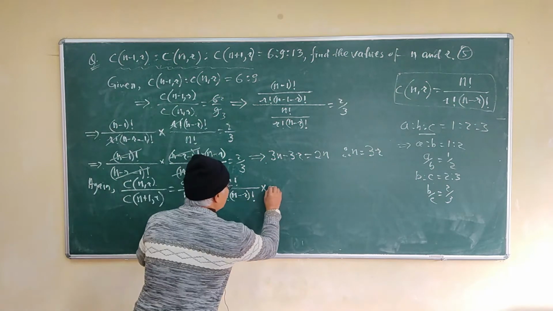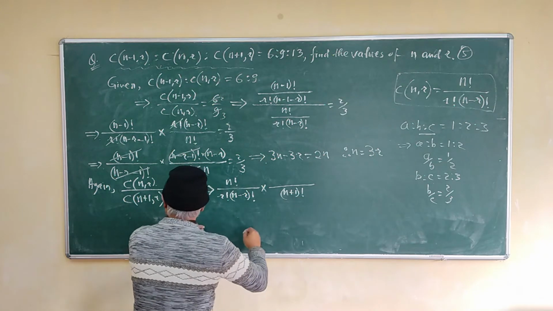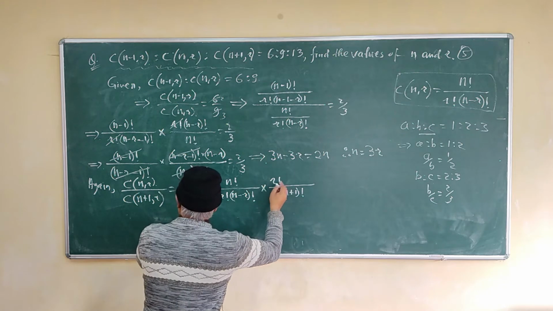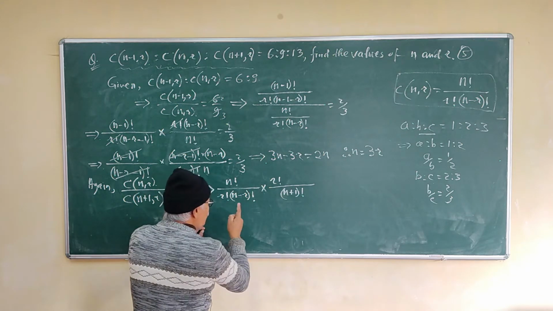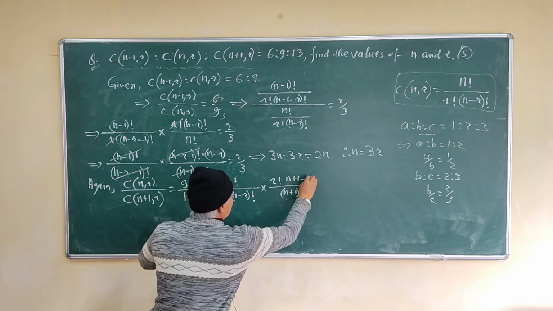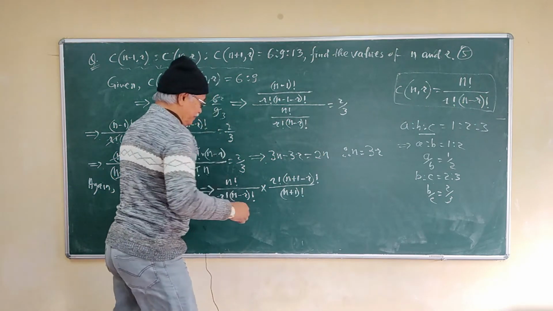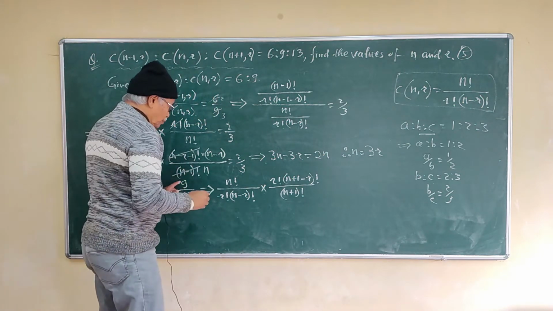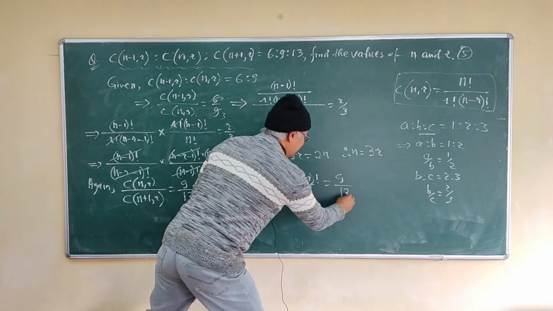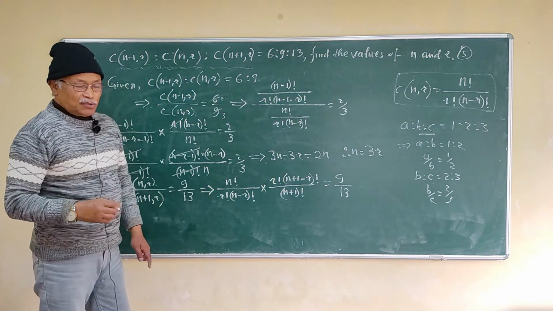So it will be n plus 1 factorial, then r factorial, and then n plus 1 minus r factorial. Is that right? Equal to 9 by 13. Now can you cancel some of those?